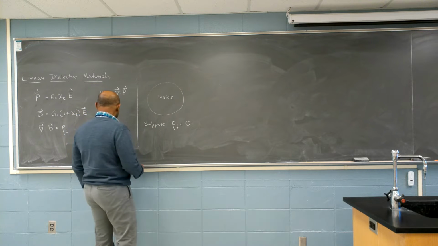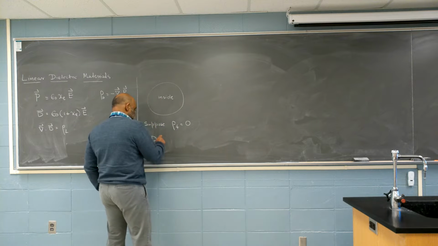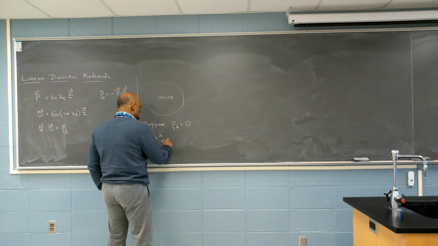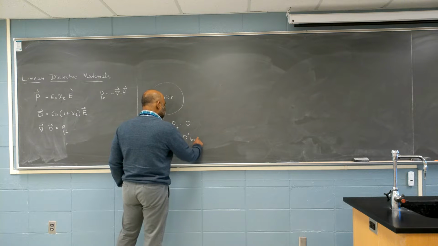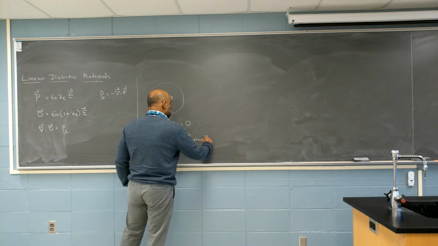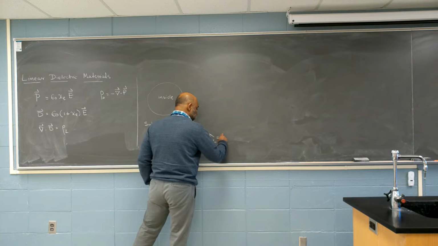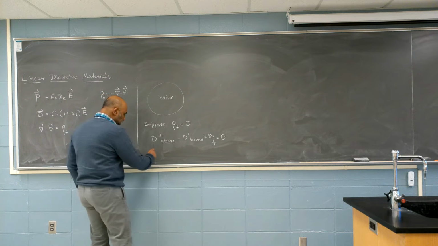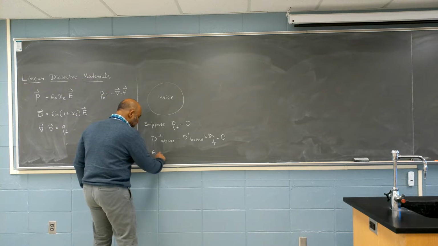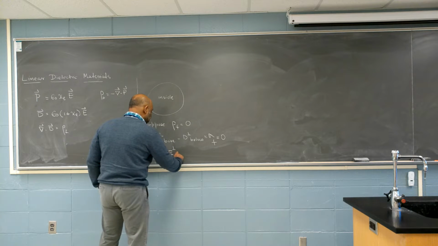So in particular, I would have D perpendicular above minus D perpendicular below is equal to rho free. In our case, this is 0, which means epsilon above E perpendicular above.